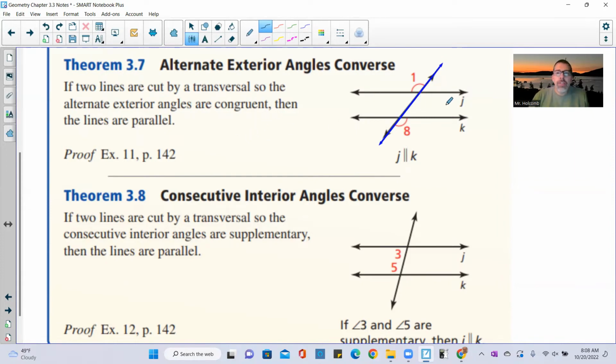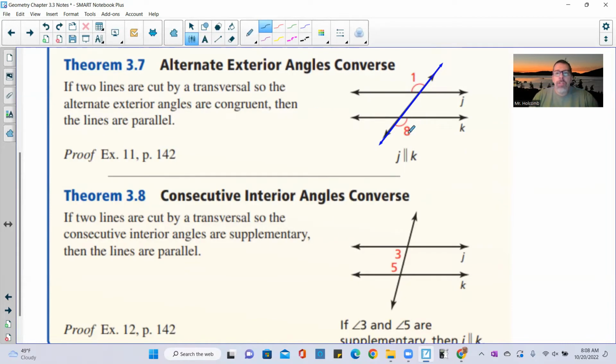So if two lines, J and K, are cut by a transversal, so the alternate exterior angles, remember alternate means one on one side of the transversal, which is this one on the left of this blue line, and one on the other side, which is the right of the blue line. They're on opposite sides of the blue line, and they're outside the two parallel lines.